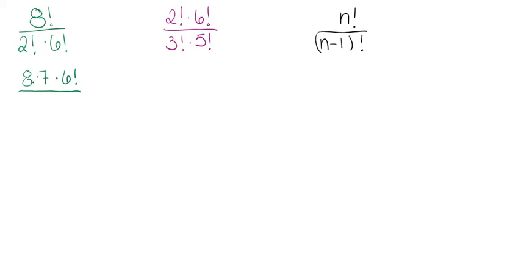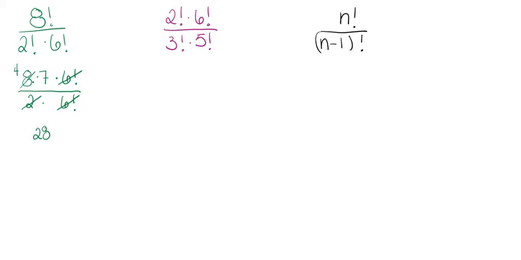I don't have to show the 1. 2 factorial is just 2 times 1, so I'm going to write that as 2. And I'm going to leave 6 factorial the way it is. Now you can see these are common factors, so they can be completely canceled out. And then 2 has a common factor with 8. It's 4. So now I'm left with 4 times 7, which ends up being 28.